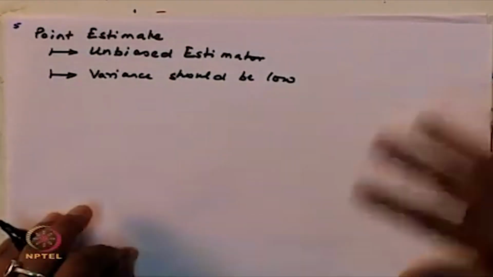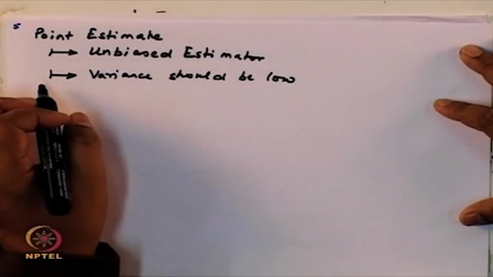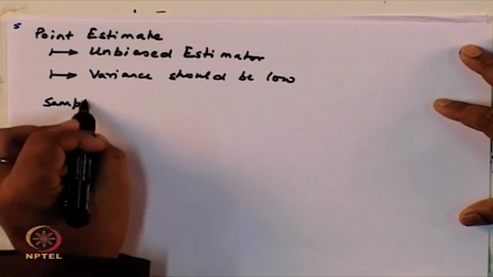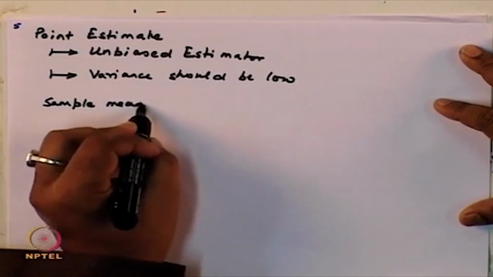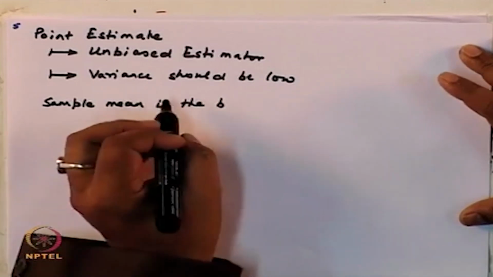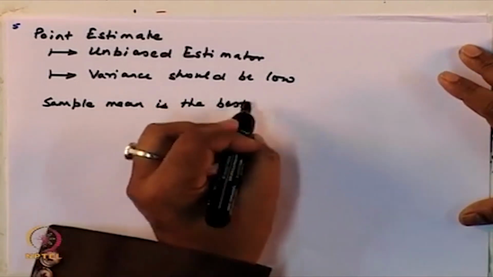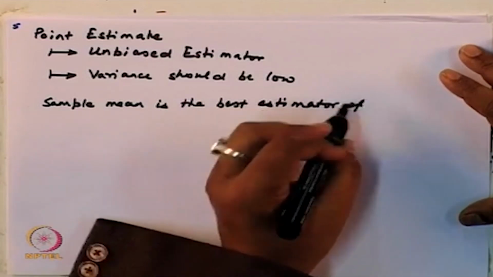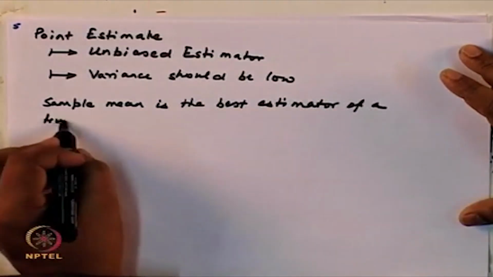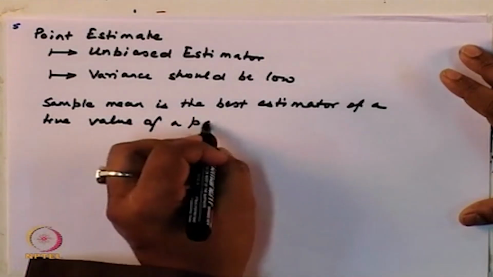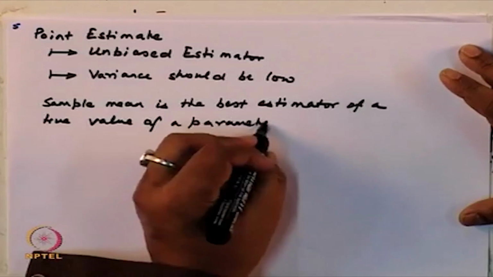Clearly, in our case what we found was that the sample mean is the best, or one of the best, estimators of the true value of a parameter. Why?